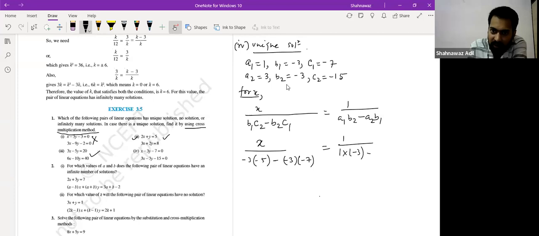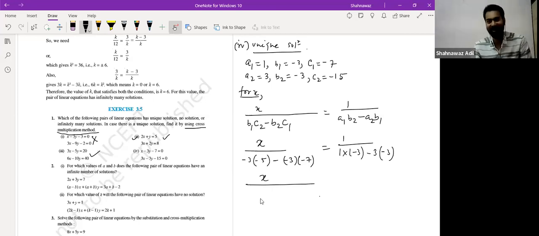And A2 is what? 3. And B1 is -3. Am I correct, guys? Yes, sir. Okay, so your yes was very elongated. Both Talha and Rizwan, guys.